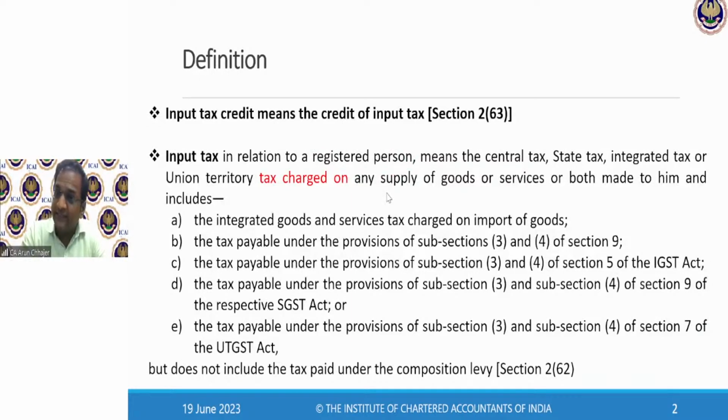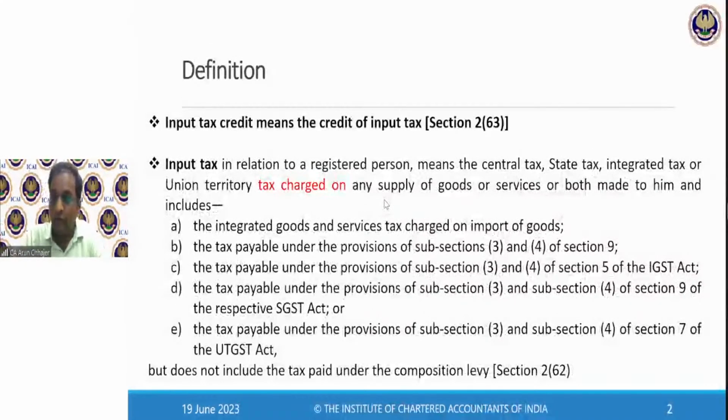So what could be the exception? We will discuss at a later stage on the third or fourth day. But today we are making the understanding that if you are an unregistered person, prima facie you cannot take the ITC because you are not registered. Fine, no problem.